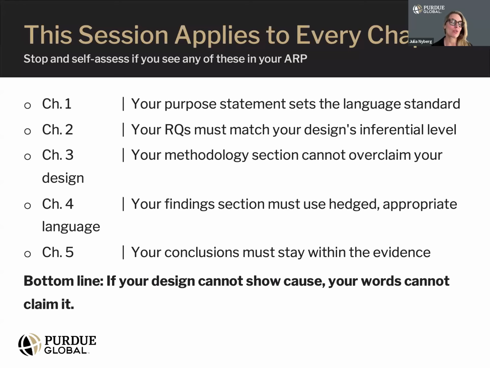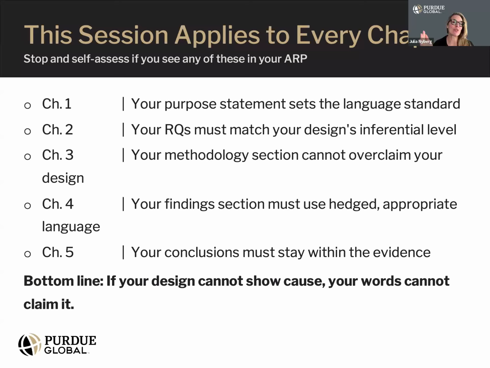This is where you are writing your purpose statement using words like "examine the impact of," or "determine how X causes Y." Language that implies experimental design, but your actual design may be descriptive or correlational.